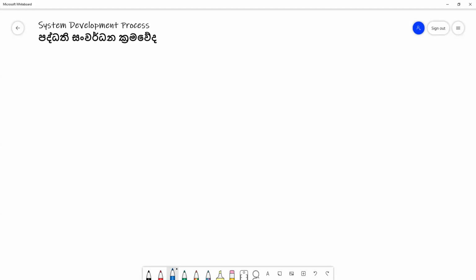Because of that, sometimes we call this system development life cycle. So there is a set of steps. We call it the life cycle.